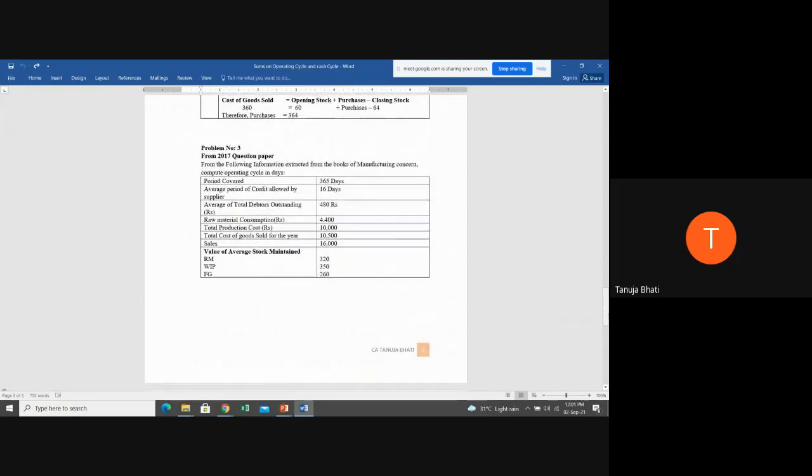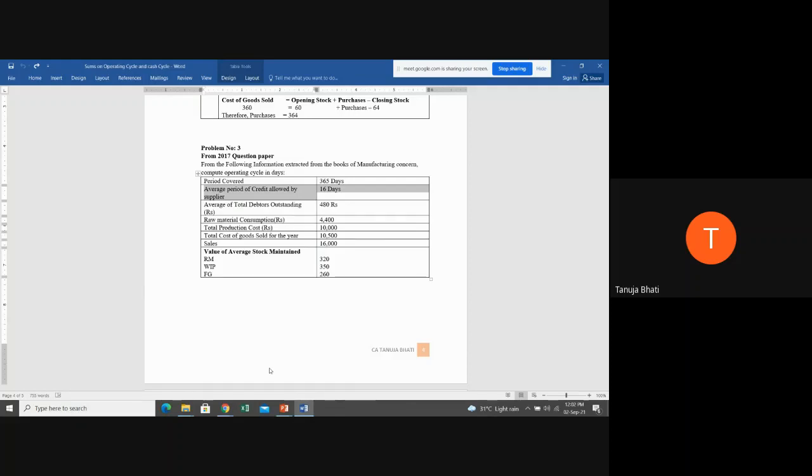Yes, ma'am. Suppose I change the sentence to: average period of credit allowed to customers is 16 days. Then what would 16 days stand for?